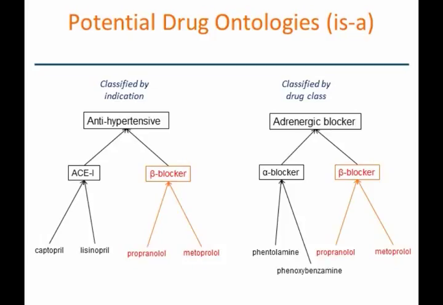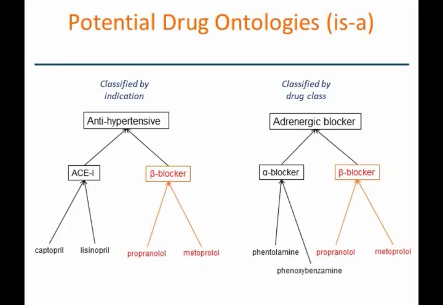Consider the ontology, again, which shows relationships, where a drug is, if we go at the very bottom, the children on the left side, captopril is an angiotensin converting enzyme inhibitor, which is in that box, and is an antihypertensive. So we can look at the drugs as what are all the drugs that are used for blood pressure control, antihypertensive, and the other one is the beta blocker with children, propranolol and metoprolol.